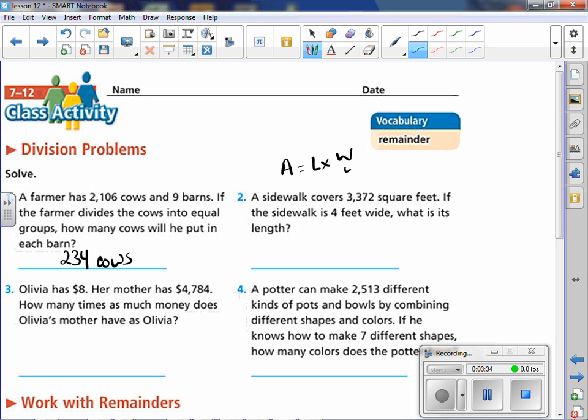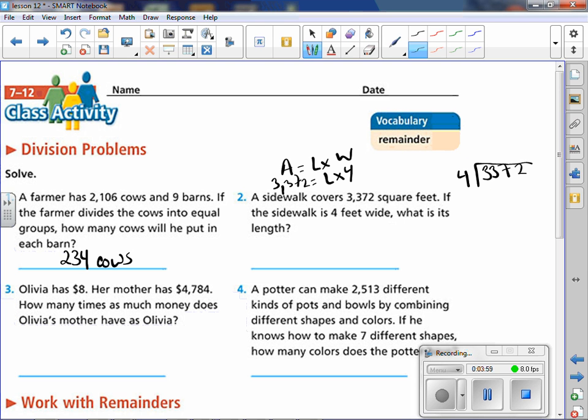And so we know width is 4, and we know that the area is 3,372. So we're basically trying to find out what L is. We can use inverse operation to do that. So what we're going to do is we're going to take 3,372 and we're going to divide that by 4.